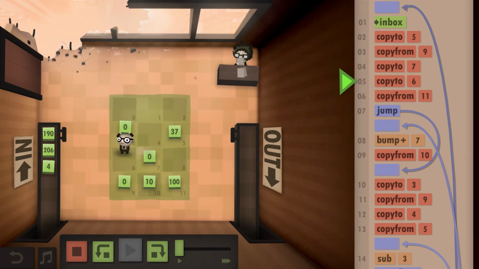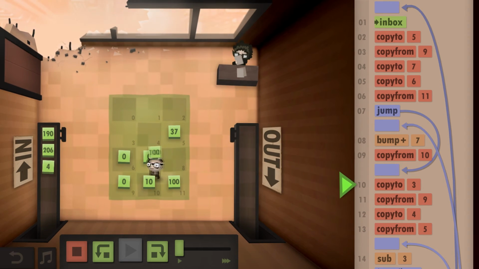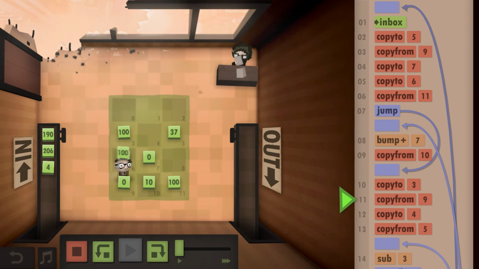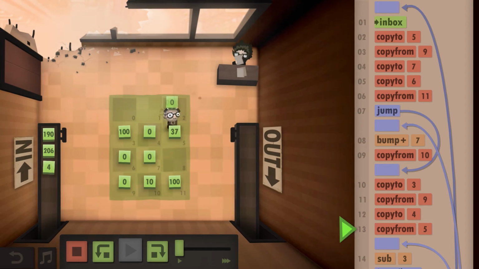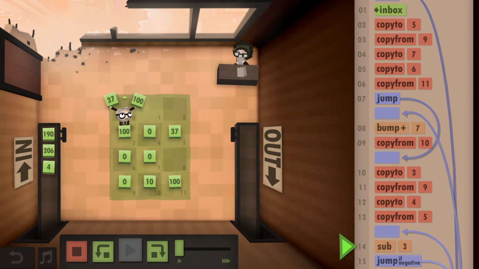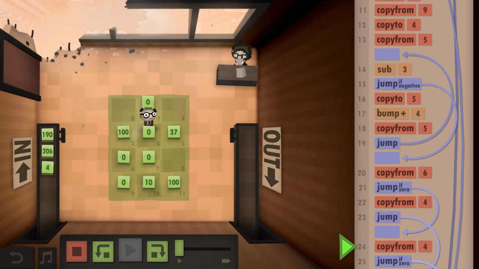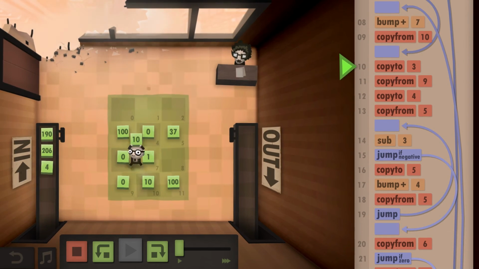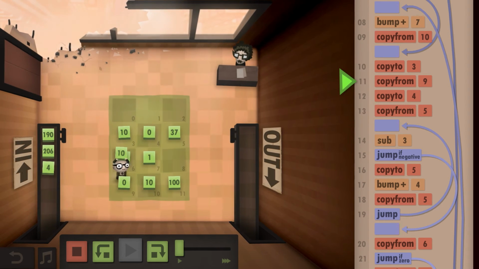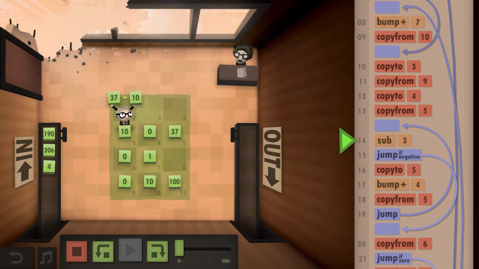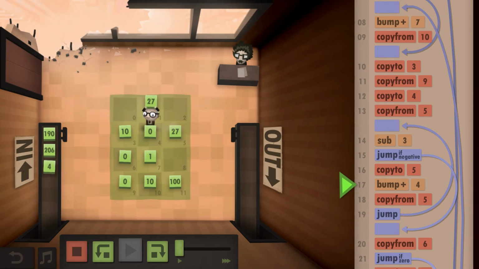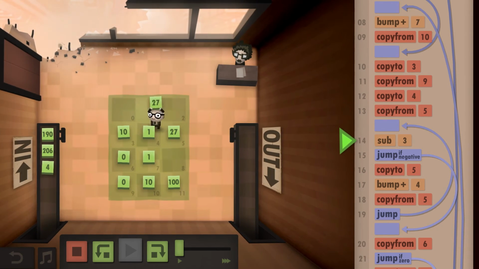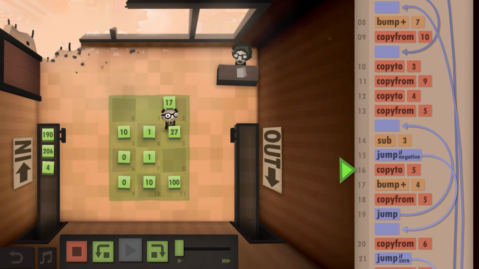Alright, so 37, what's there? Okay, we got the numbers. Put there. Yep. Okay, good, good. Comparing the hundreds, we don't have any. Keeps going.